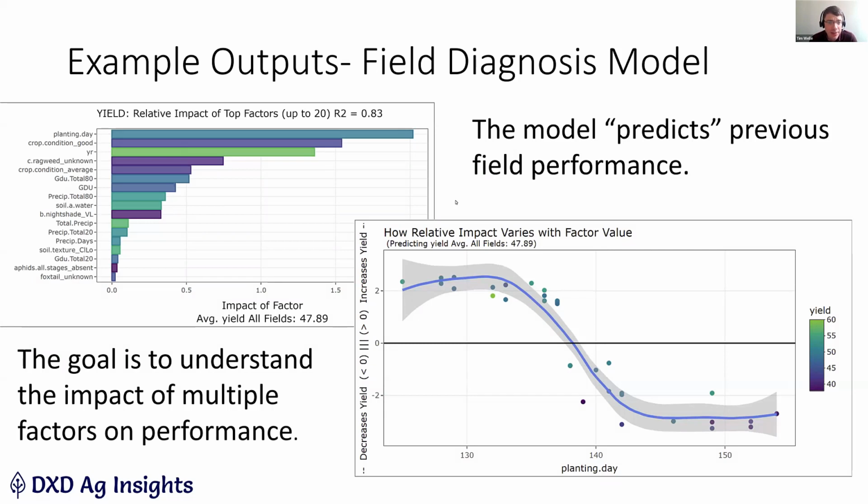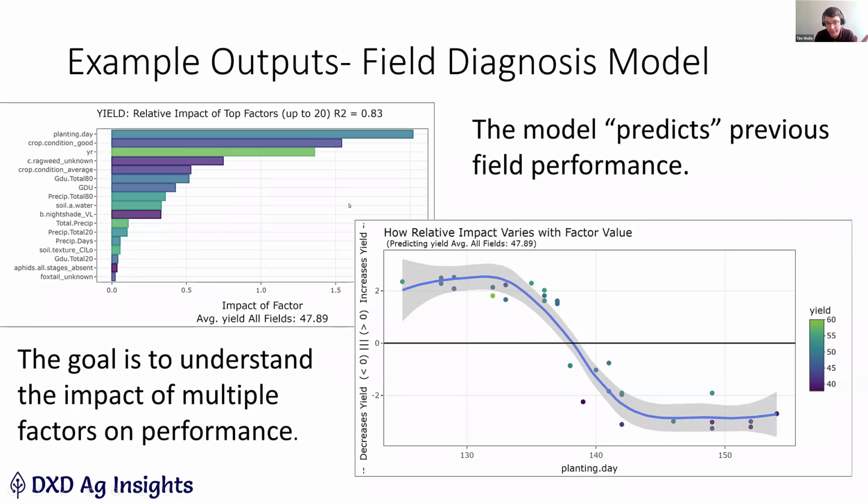So the specific model that I've worked on and that we have essentially predicts previous field performance. And today, we're actually not using the prediction. We're still looking historically. And what we're doing is pulling out the top factors that contributed to that field performance.